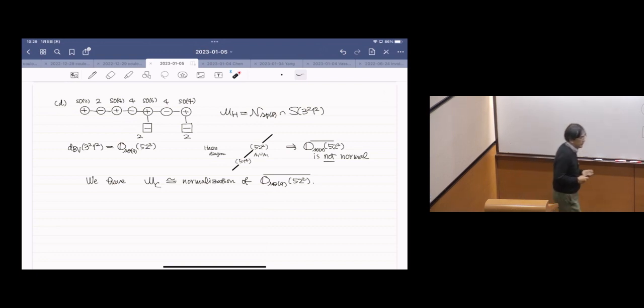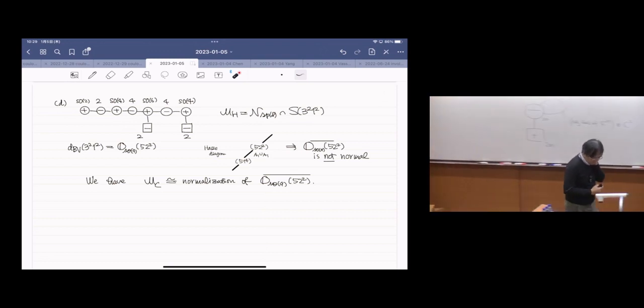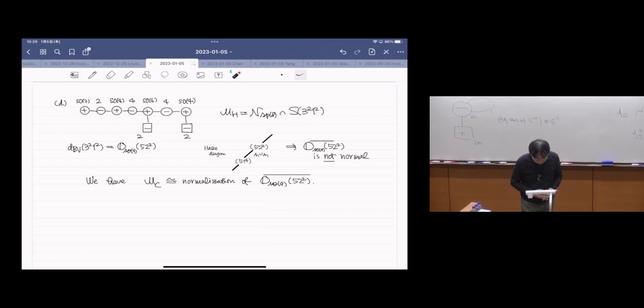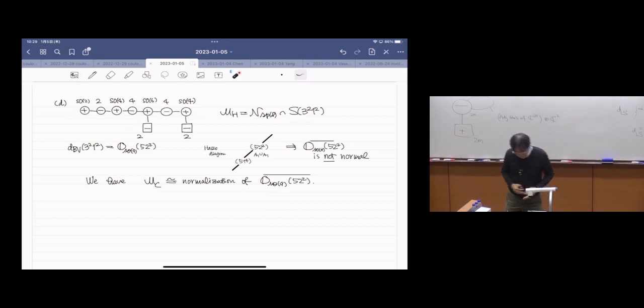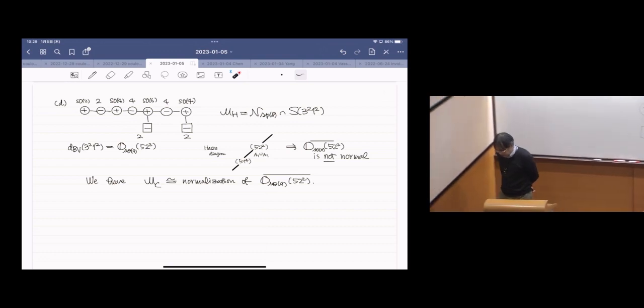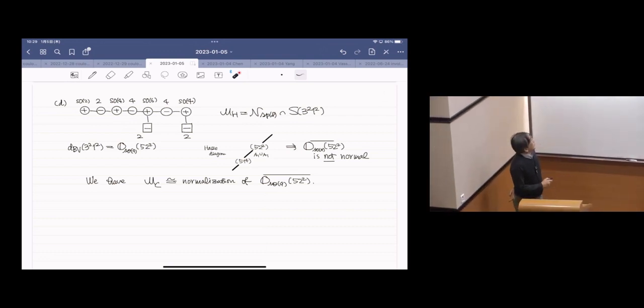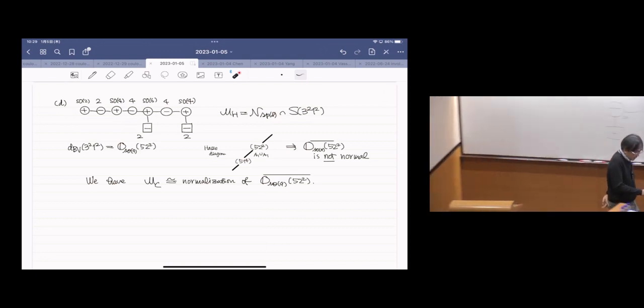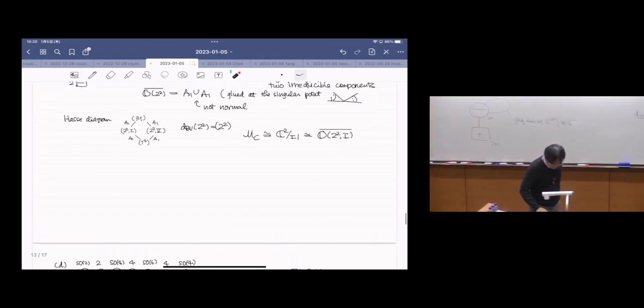I should say that Kraft and Procesi have determined the normality of nilpotent orbit closures for classical groups, and in general they are not normal. And in this example, I think this is somehow related to this phenomenon.